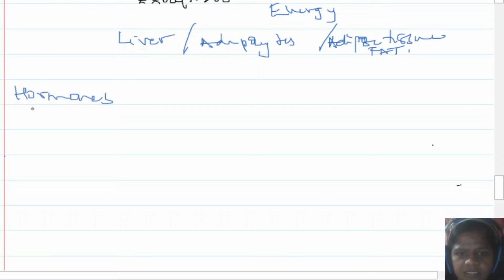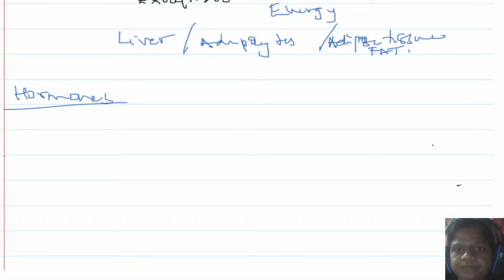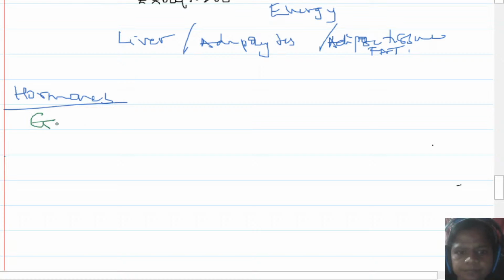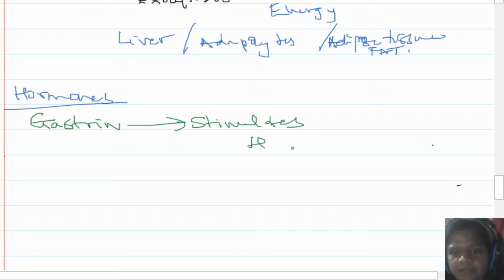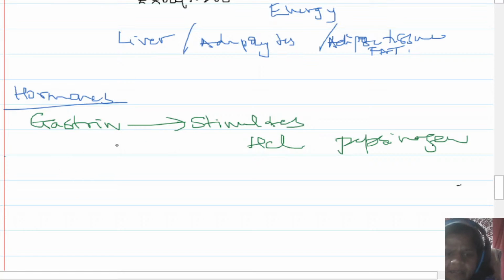The first one is the gastrin. This stimulates the production of HCl and pepsinogen. Okay, and the next is the DIP.